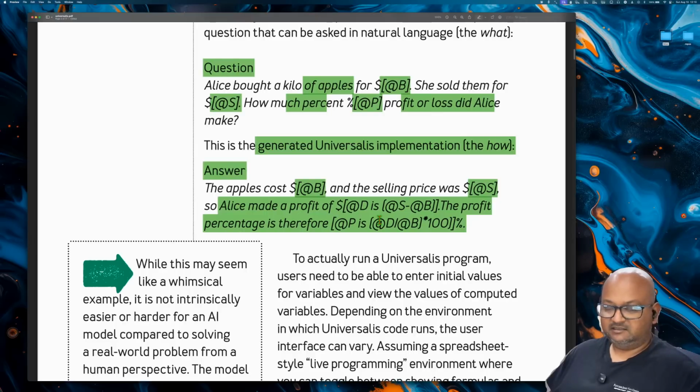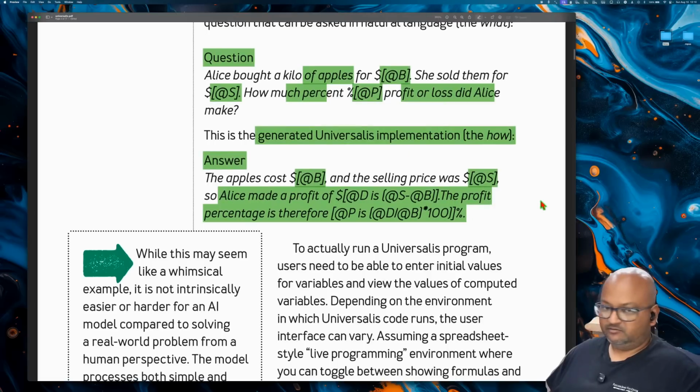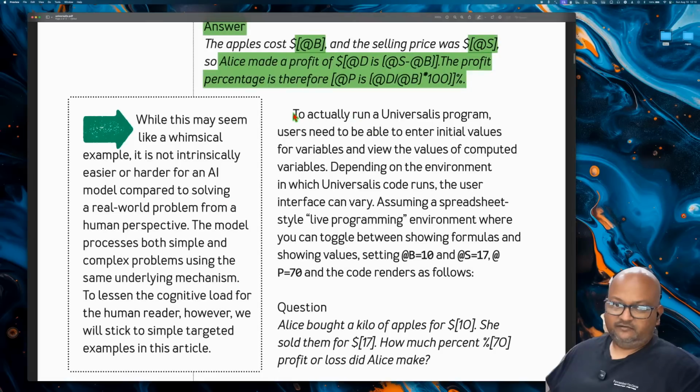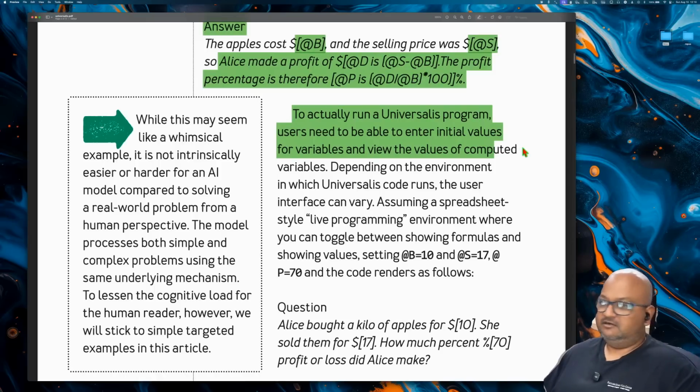And this is the sort of lightweight programming and data manipulation abstraction that the author is building with Universalis. So of course, when you actually run this program, you will have to input the values for those variables. You have to bind them to some concrete values in order to get the required output.